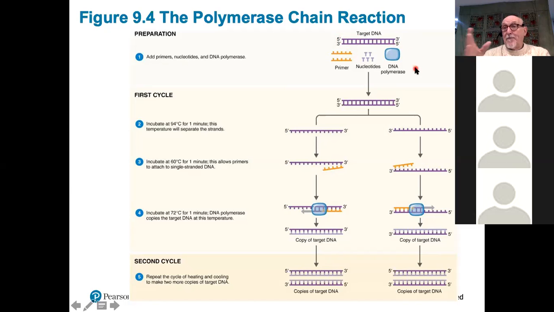First of all, we have to have primers present. Then we have to have the polymerase. And then we have to have lots and lots of nucleotides, which are going to be used to duplicate these strands. So we use A, T, G, and C: adenine, thymine, guanine, cytosine.